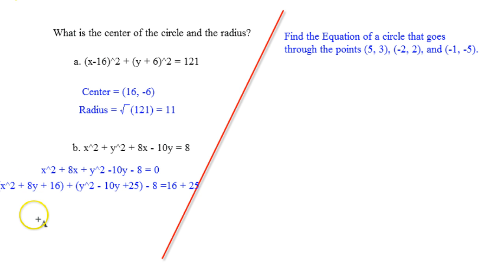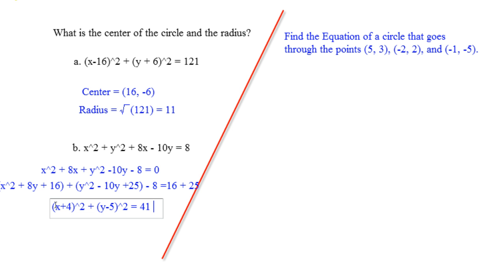Now what I'm going to do is factor these first two down. So that's going to be x minus 4 squared. No, not x minus 4, x plus 4. And then this one's going to be y minus 5 squared. And this is going to be equal to, I believe 16 plus 25 is 41.